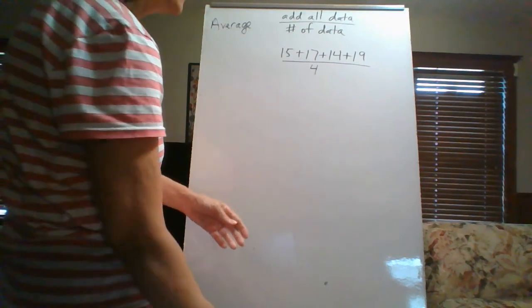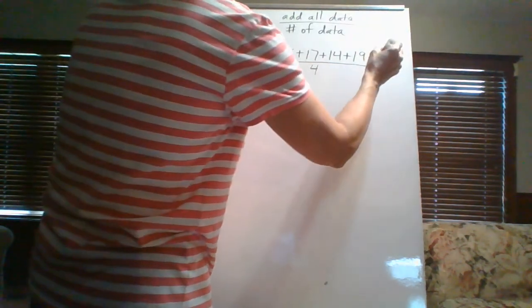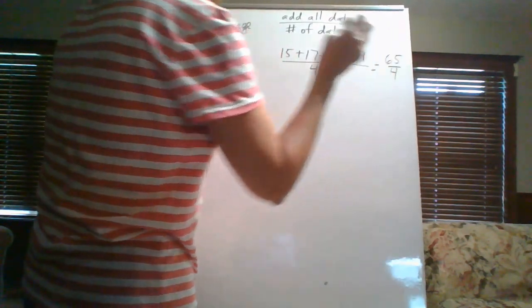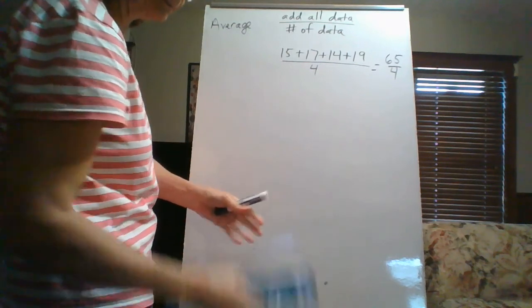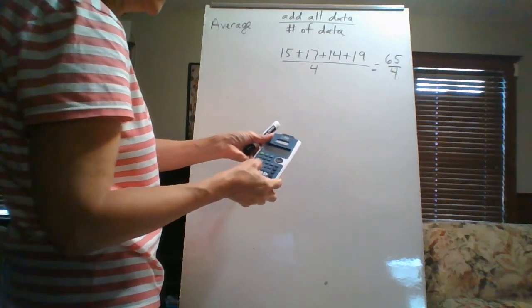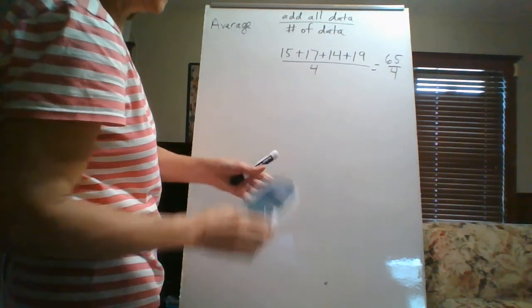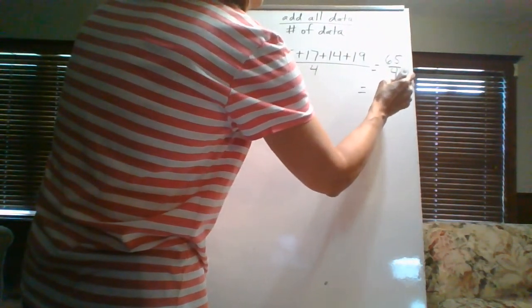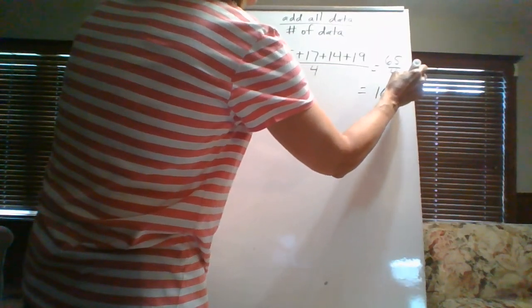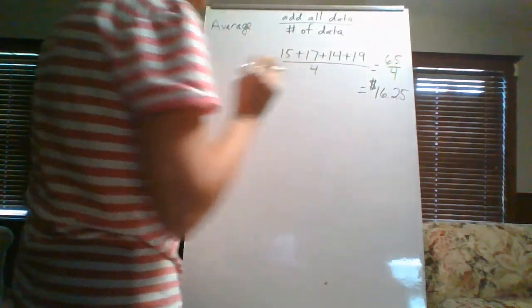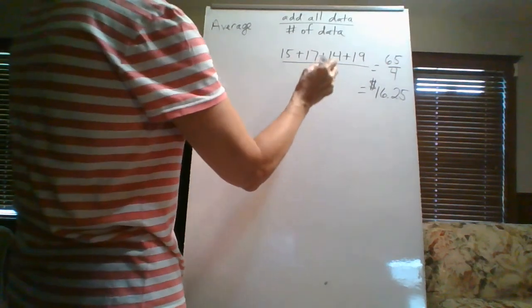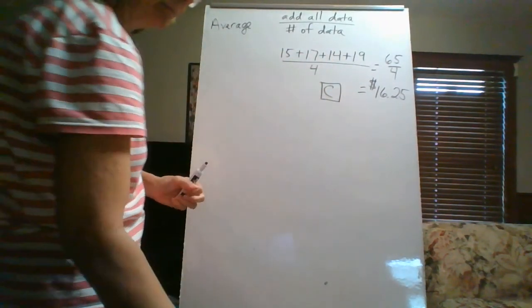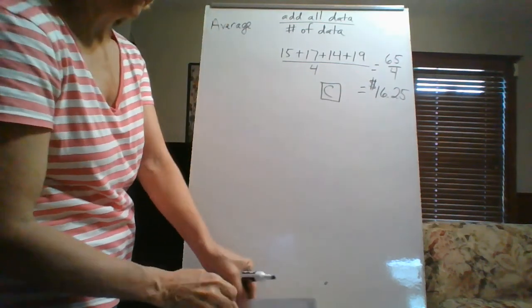So I got 65. So it's 65 divided by 4. 16.25. Remember, we're doing money. So it's $16.25, which was choice C. Okay.